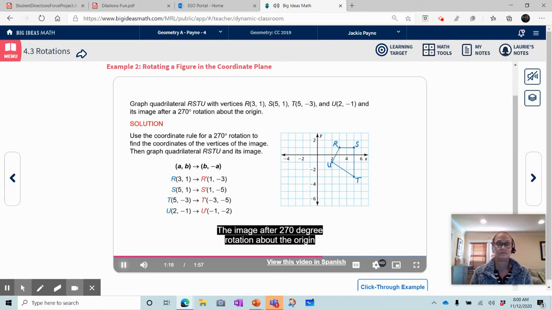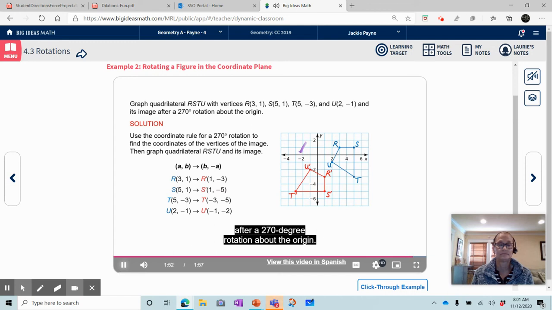The image after a 270-degree rotation about the origin is R prime (1,-3), S prime (1,-5), T prime (-3,-5), and U prime (-1,-2). Connect the vertices to form quadrilateral R prime, S prime, T prime, U prime. So quadrilateral R prime, S prime, T prime, U prime is the image of quadrilateral RSTU after a 270-degree rotation about the origin.